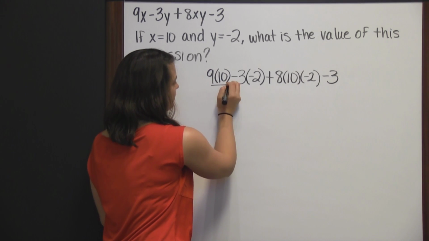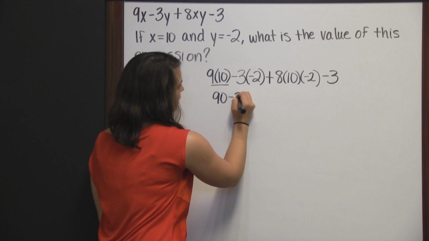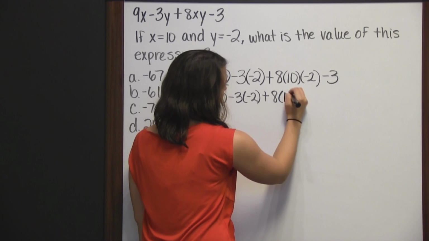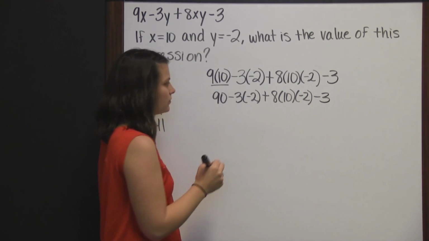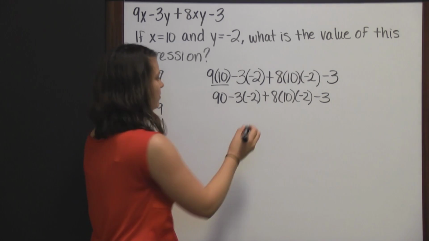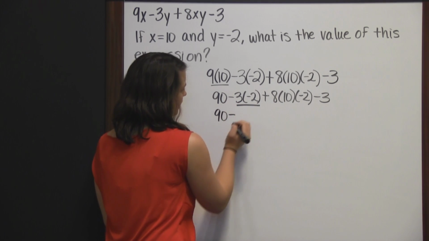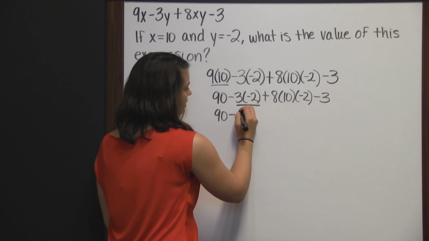Starting at the left, we have 9 times 10, which is 90. Minus 3 times negative 2 plus 8 times 10 times negative 2 minus 3. Our next set of multiplication would be right here. So I'm going to bring down my 90 minus 3 times negative 2 is negative 6.